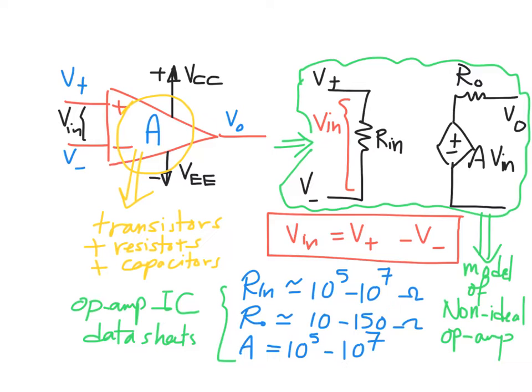What happens inside this symbolic triangle? It's many transistors connected with some resistors and a few capacitors to have this kind of operation at the end. So this is just like a black box.